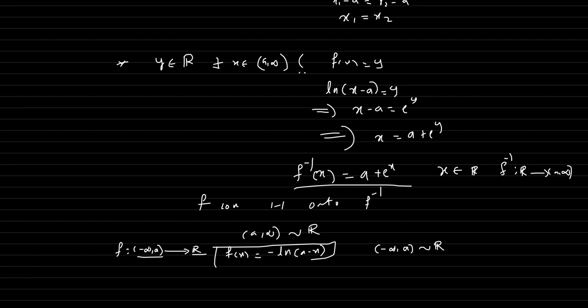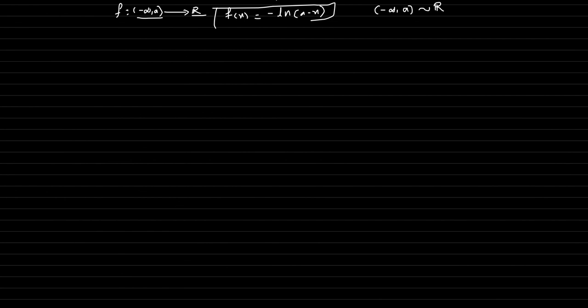So in general, when we consider the open intervals in R, what are the possibilities? Either it will be in the form minus infinity to a, or it will be in the form a to b, where a and b are finite numbers, or it will be in the form a to infinity.